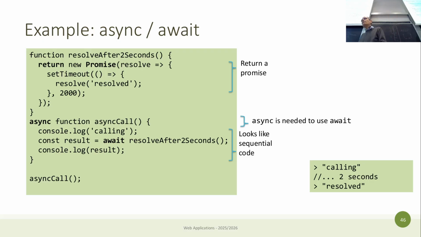Okay? Since the function needs to be able to stop the execution, it's by definition an asynchronous function because it can stop and wait for something. Okay? And so this is a limitation that has been imposed by the designer of the language, and which is, of course, correct in terms of principles, because the functions need to be able to stop.